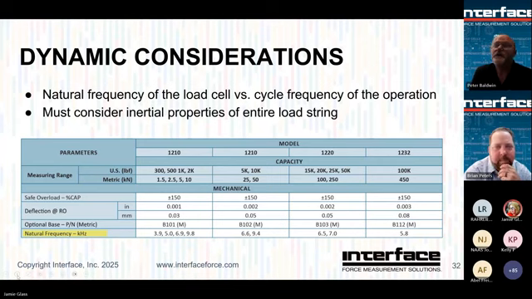All right, so again, we're still talking about the load cell. Inside our data sheets, this happens to be the 1200, but it represents the natural frequency of the several different capacities. And so whatever your test function is in terms of your test plan development, you need to be operating at something slower than that natural frequency. You're not going to capture anything faster than that.